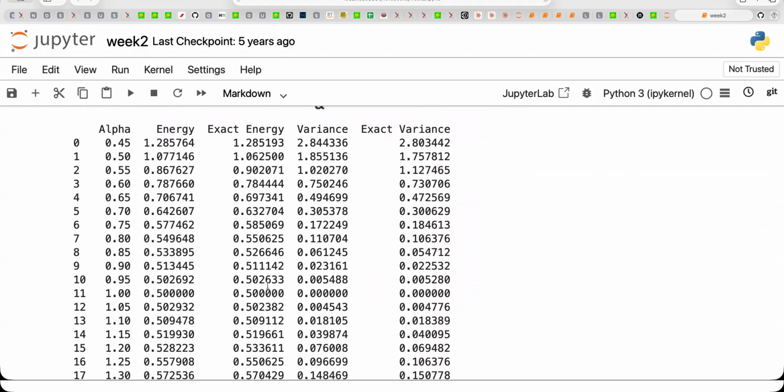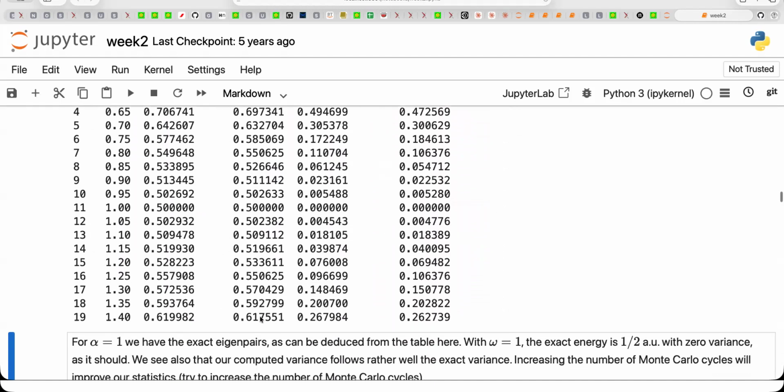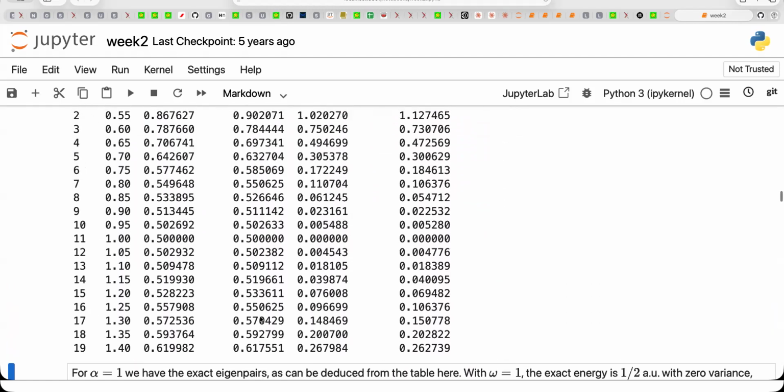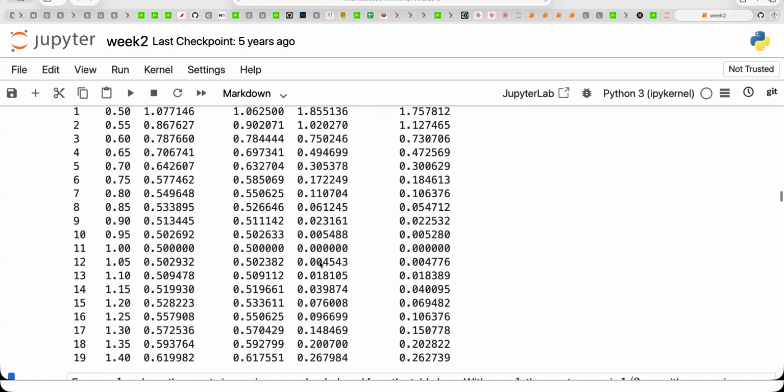And all the other energies are higher than that one. And the variance, as you can also see, is exactly equal to 0 when you have the exact parameter alpha. So this is basically the Monte Carlo machinery in a nutshell.